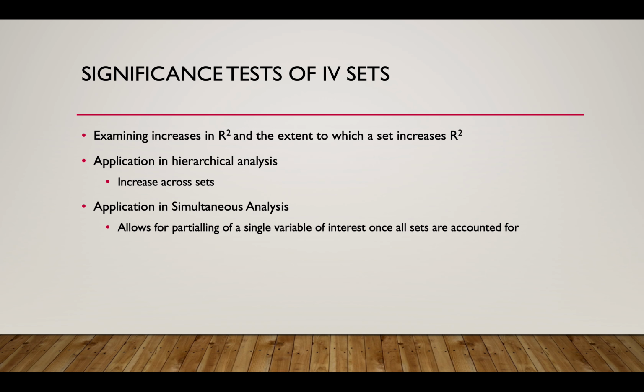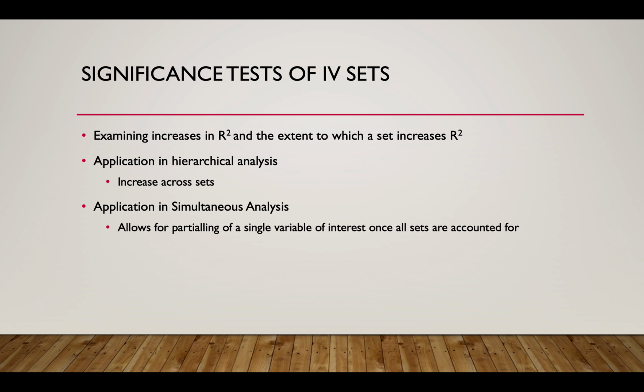And then we would say in step 2, we added additional predictors to the model. This resulted in a significant, or a non-significant, increase in R squared. We'll also get an F test for this, as well as a proportional test of the increase in R squared and whether it has increased a statistically significant amount of variance accounted for.